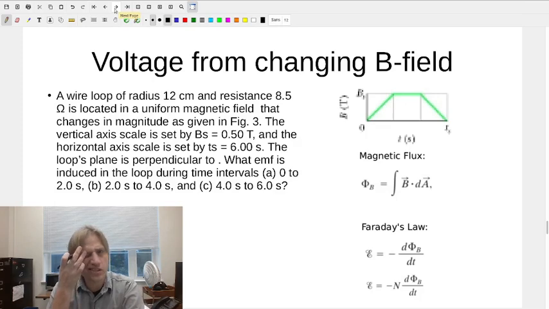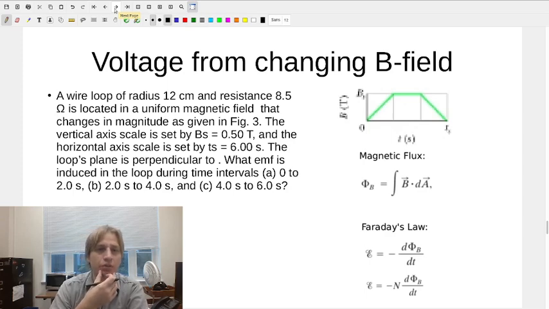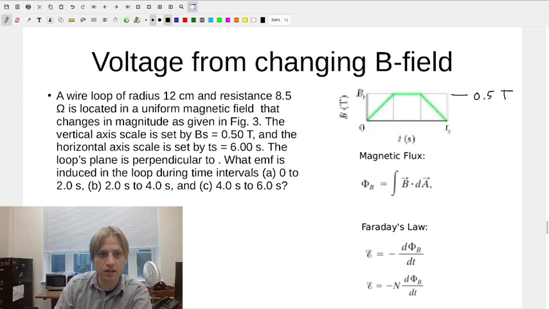So let's just do a quick example of each one. This is a nice example. It says a wire loop of radius 12 and resistance 8.5 ohms is located in a uniform magnetic field that changes with magnitude as shown in figure 3. Vertical axis is set where this is 0.5 Tesla, and the horizontal axis is set where this is 6 seconds.